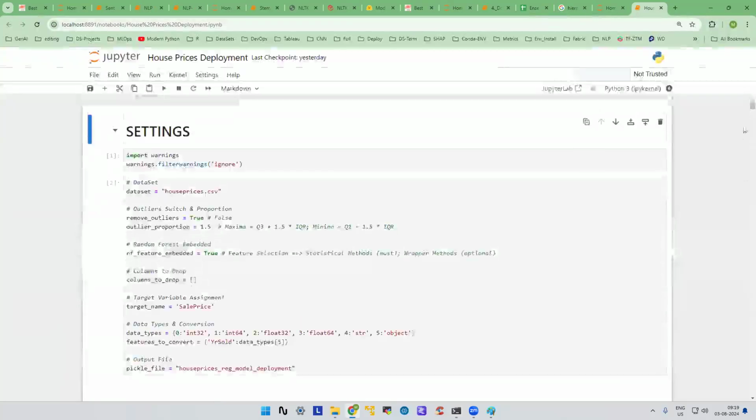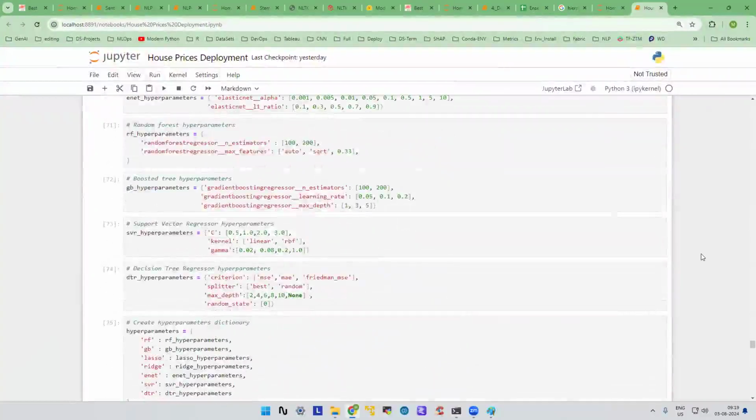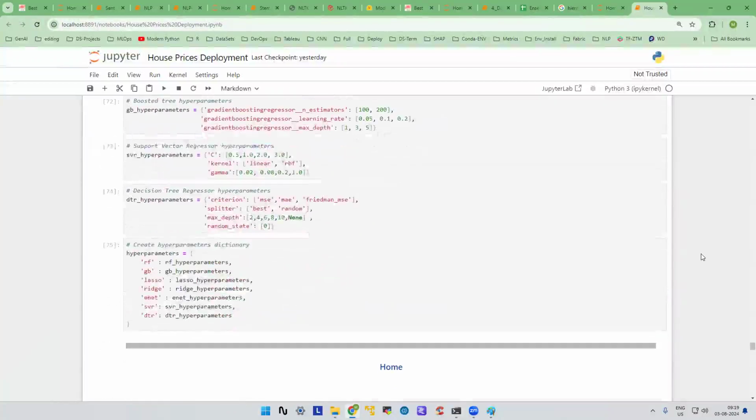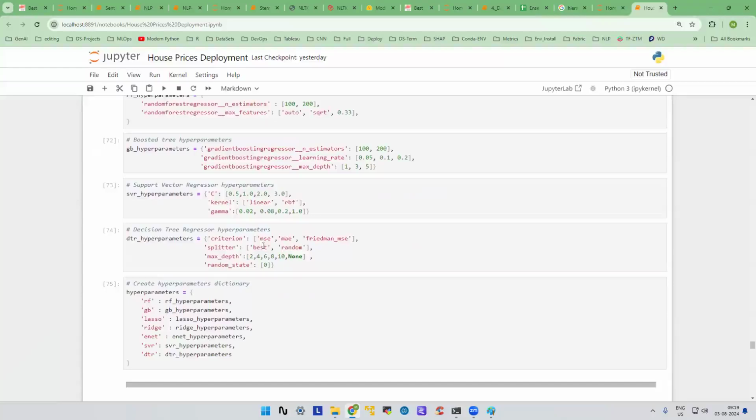Somewhere here, decision tree, right? Okay, so classification.